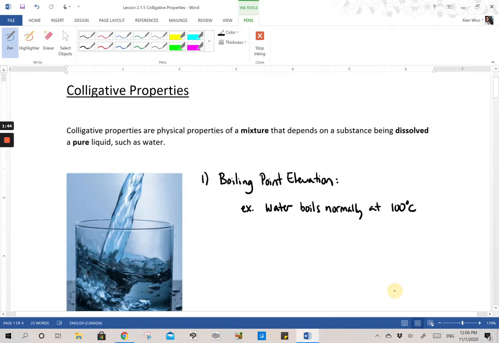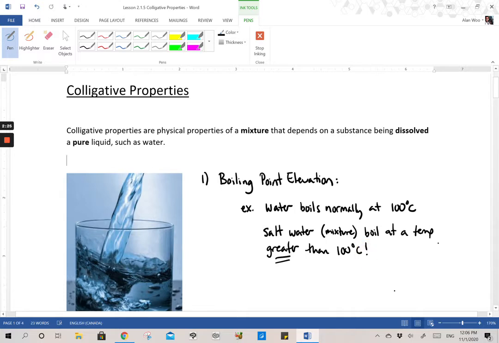But if we just add salt to have salt water, salt water doesn't boil at 100 degrees. Okay, salt water is a mixture. So depending on how much salt, salt water might boil at a temperature greater than 100 degrees Celsius.